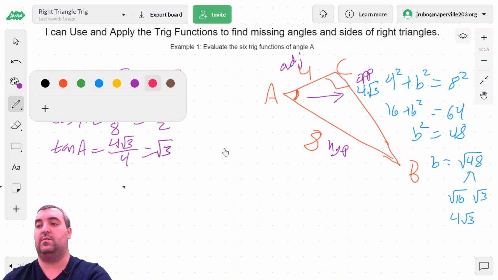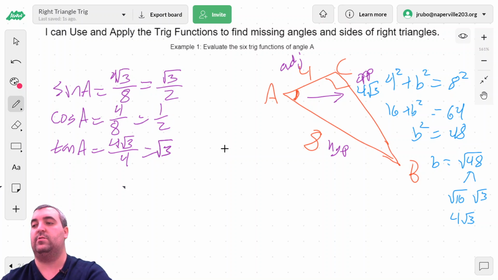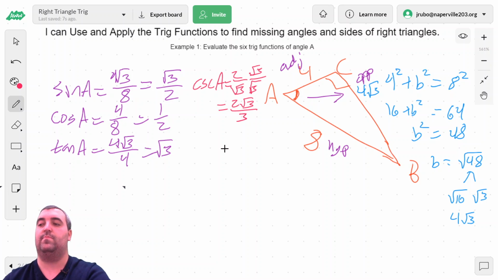We want all 6, though. So we now need to do the cosecant, secant, and cotangent. I'm going to start with the cosecant because it's the reciprocal of sine. So it'd be 2 over root 3. Now, we don't like roots in the denominator, so we would multiply by root 3 over root 3, and we would end up that the cosecant is actually 2 root 3 over 3.